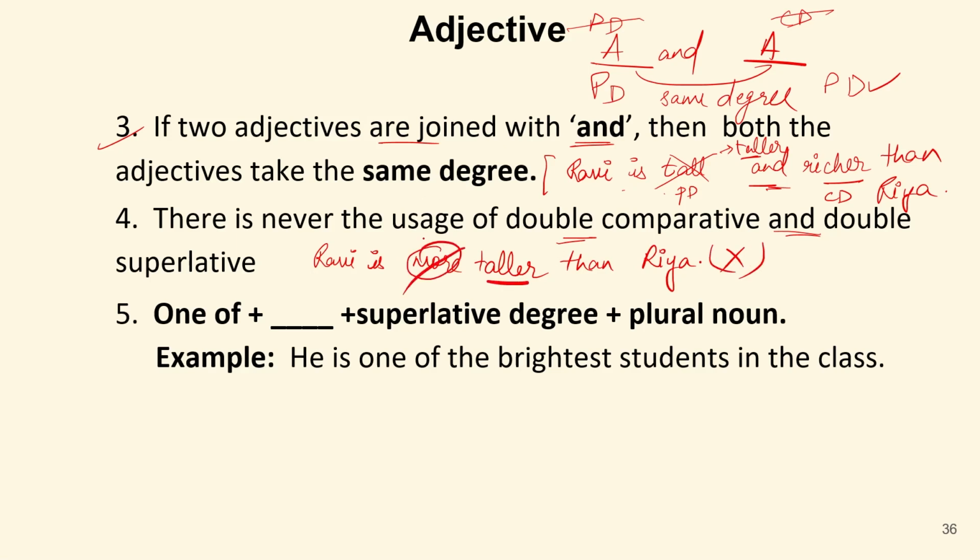We should not use more over here. It will be superfluous. When taller is a comparative degree, there is no need to mention more. Taller itself is a comparative degree. More better, that is incorrect, because better is a comparative degree. We cannot use more better. That this one is more better? No, that is incorrect. Better is better.